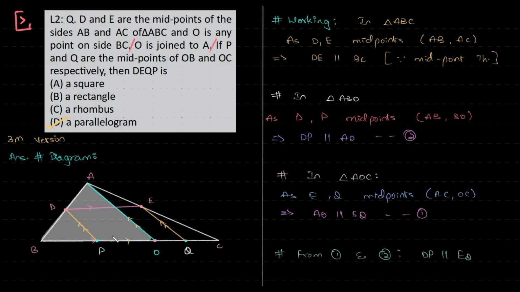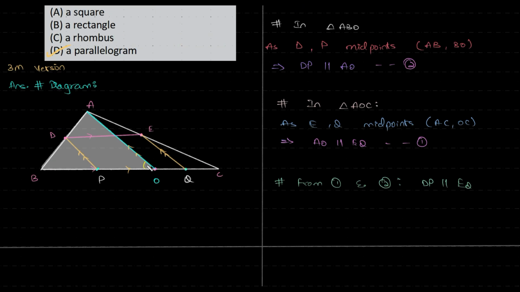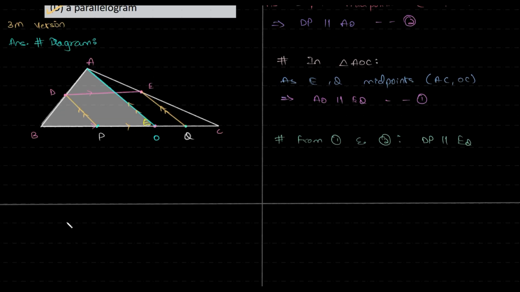Okay guys, so let me prove that the angles are not equal to 90 degrees. So I'm considering this angle, guys, BOA. Okay, so the next bit of writing is something like this.